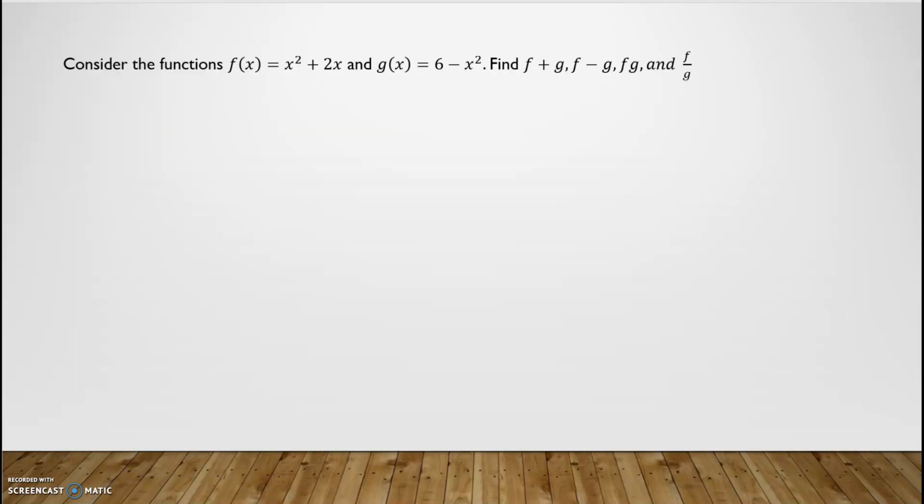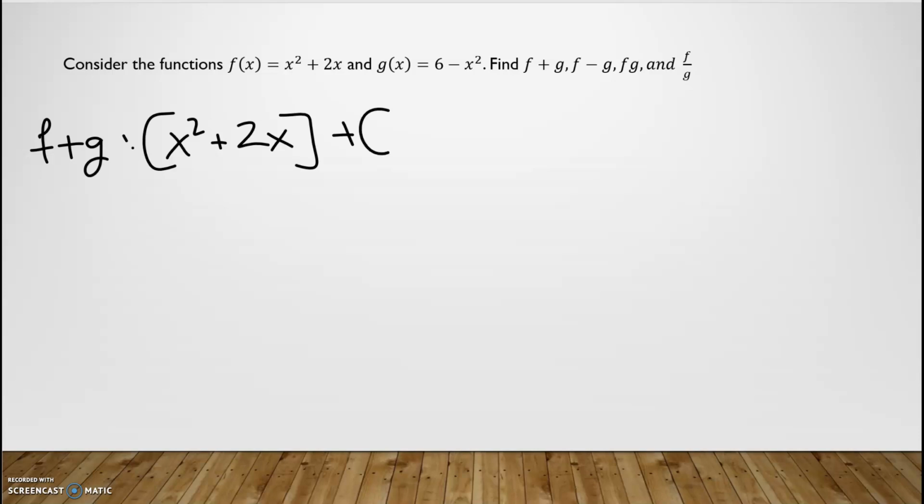So let's look at this. We have two functions. f of x is x squared plus 2x, and g of x is 6 minus x squared. So we're going to find f plus g, f minus g, f times g, and f divided by g. So f plus g, we're just going to take this function right here, f of x plus g of x.